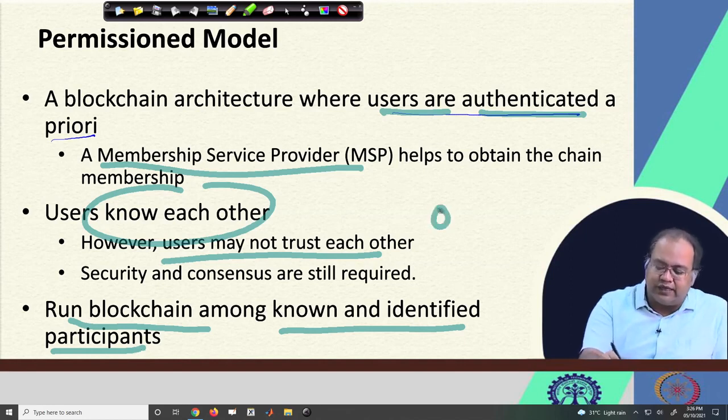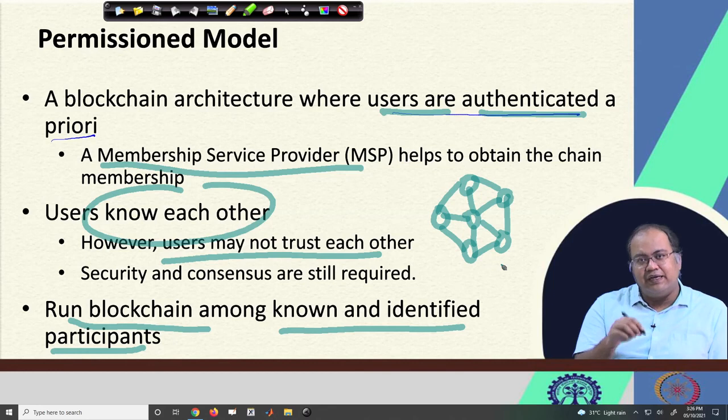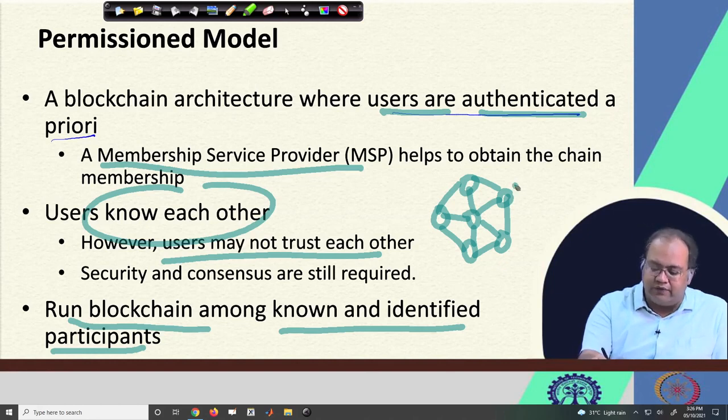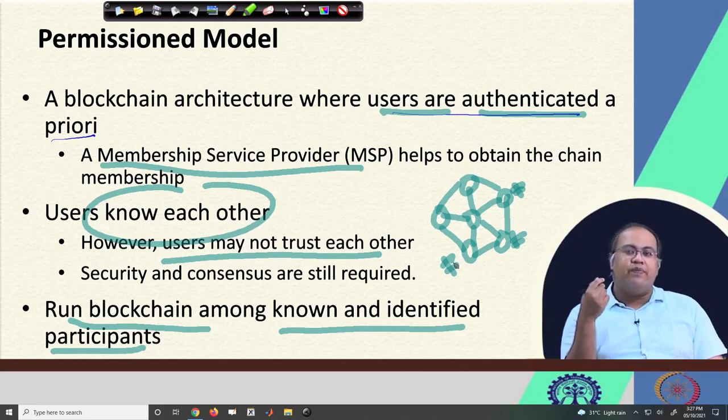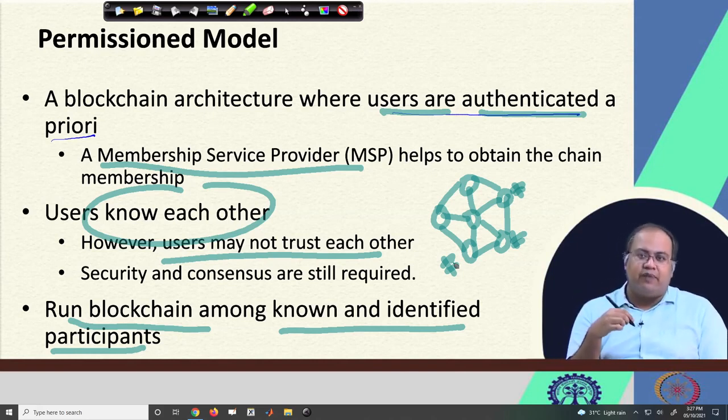So say some nodes construct a network. The participants in that network know each other, but interestingly they do not trust each other. Well, so I still run a blockchain service in this architecture, but while running it, I still need to ensure a way of consensus or a way of ensuring security in the platform.